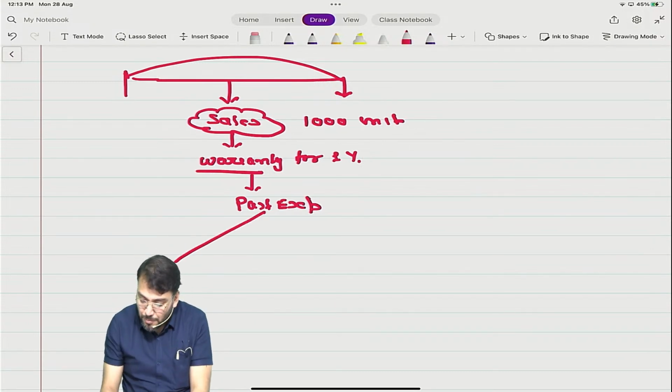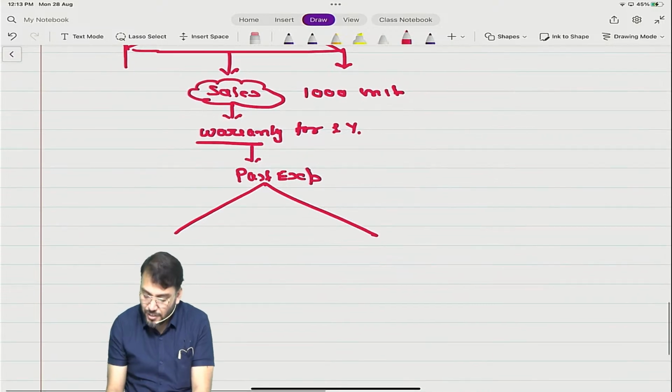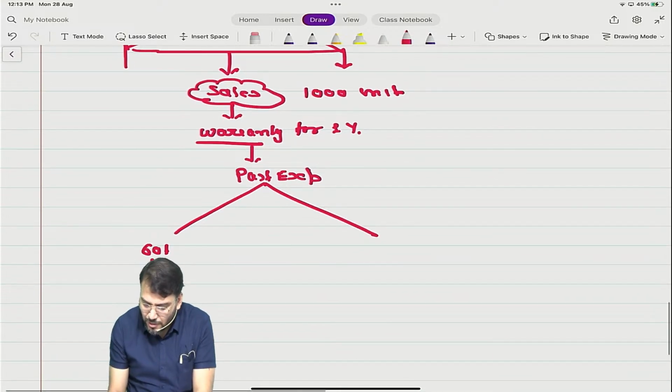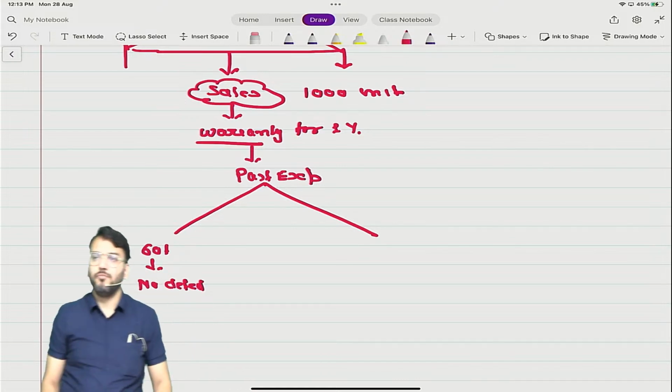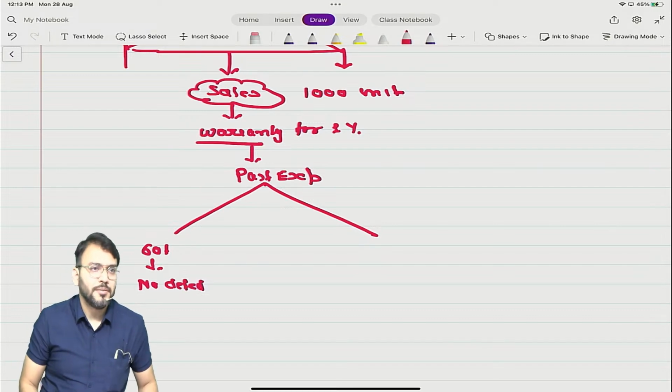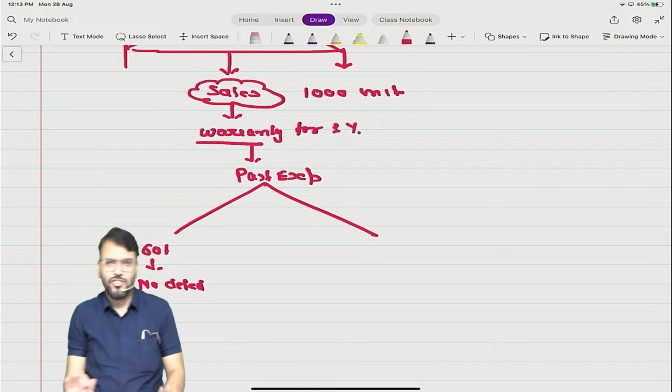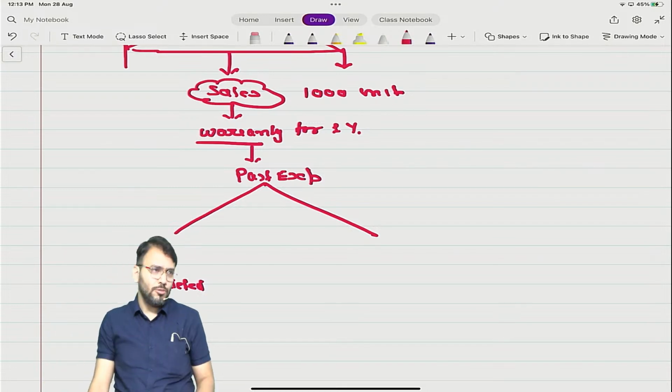Now as per the past experience, management is saying that 60% customers will not come, means no defect, within 1 year. So 60% will be good customers only. They don't come only. Understood now?